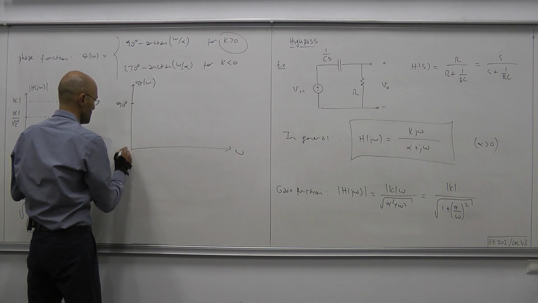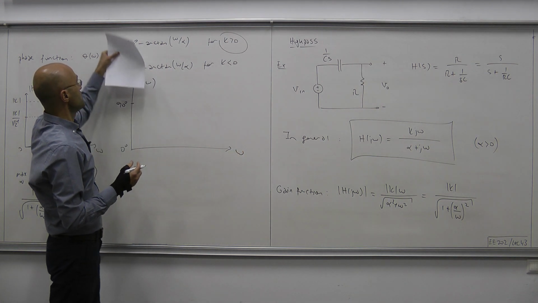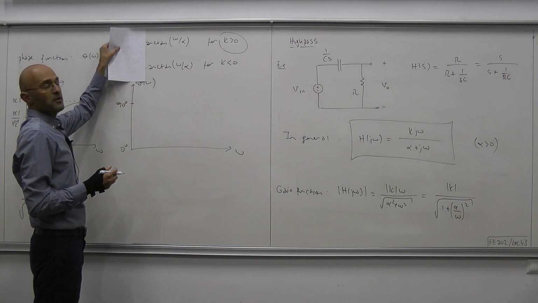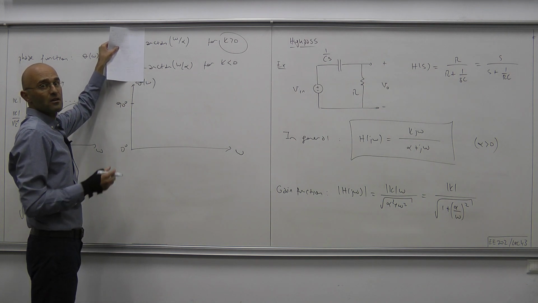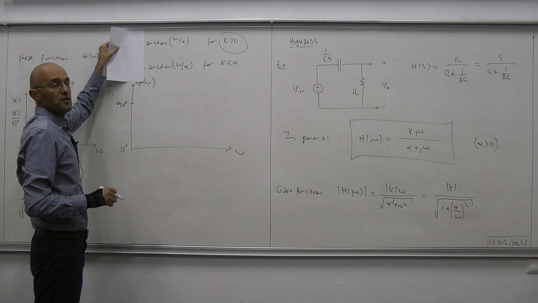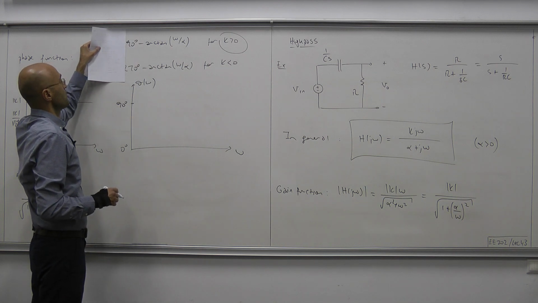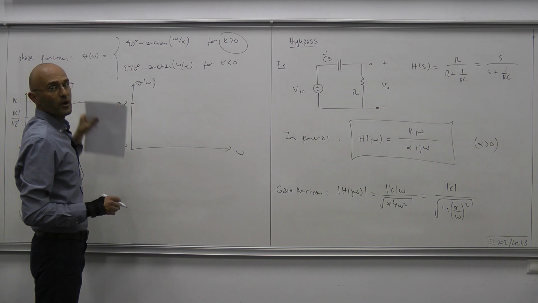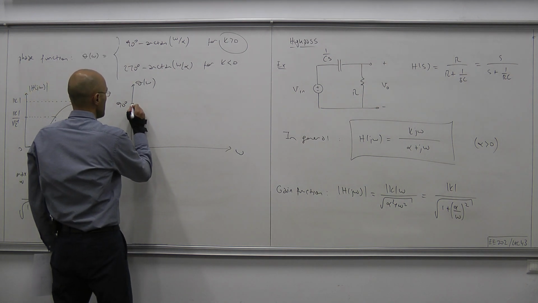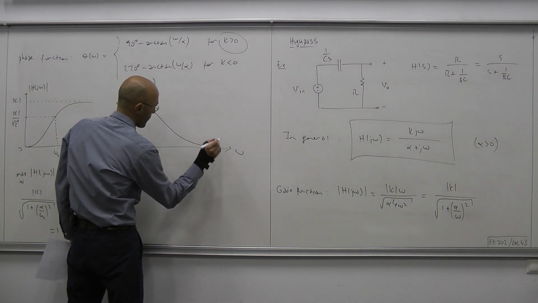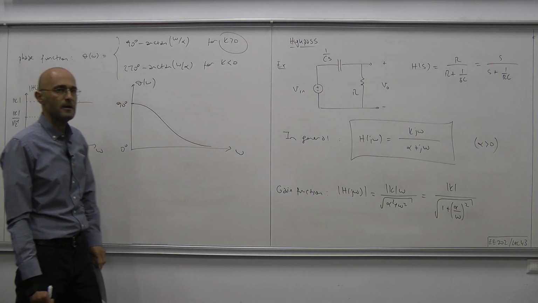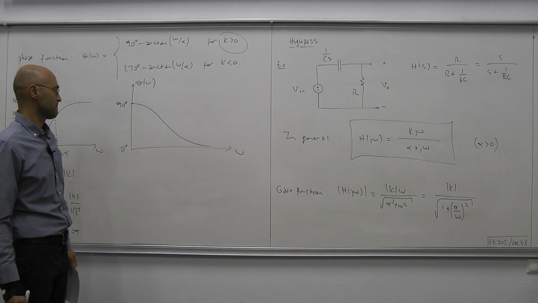Okay, and suppose that this is 0 degrees. And as you increase omega further and further, this arctangent term becomes closer and closer to 90 degrees. Therefore, in the end, 90 minus 90, we're going toward 0. So this is the shape of the phase plot.